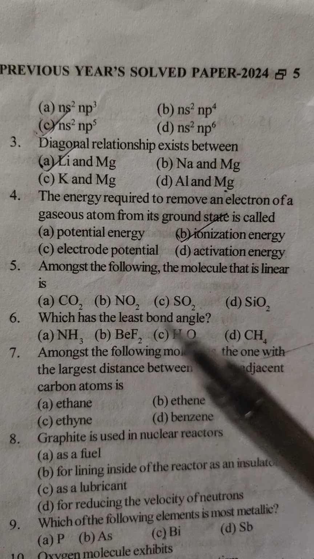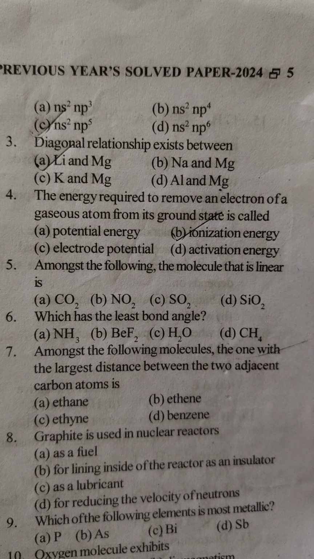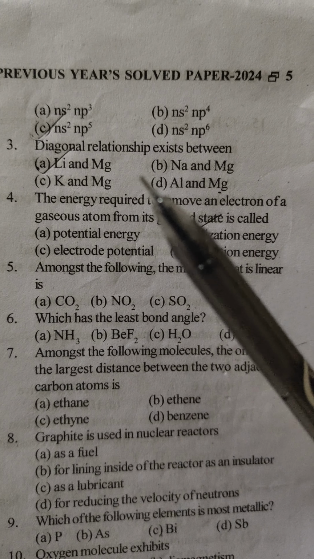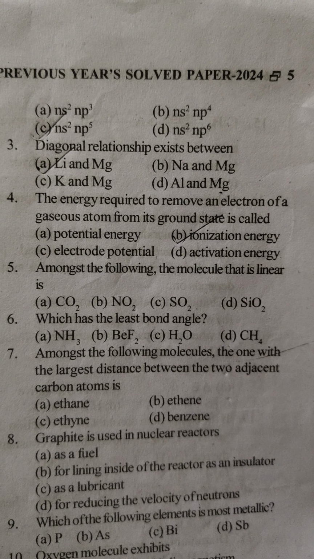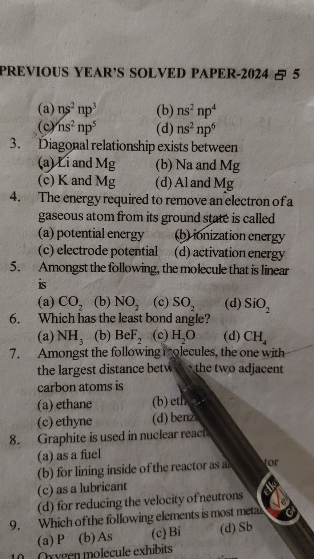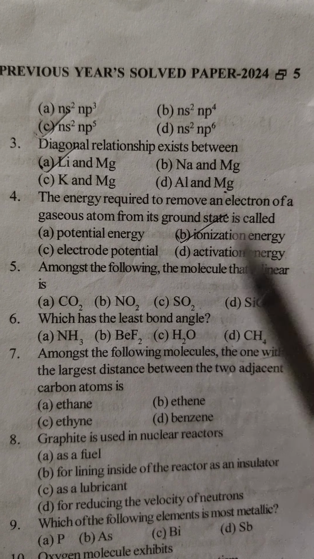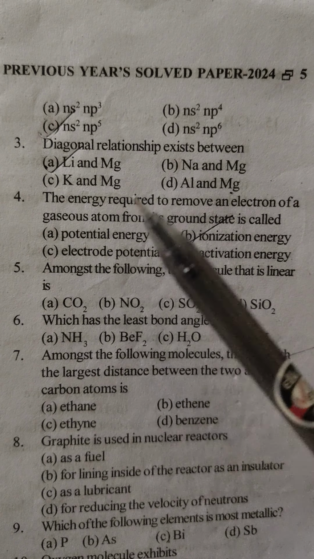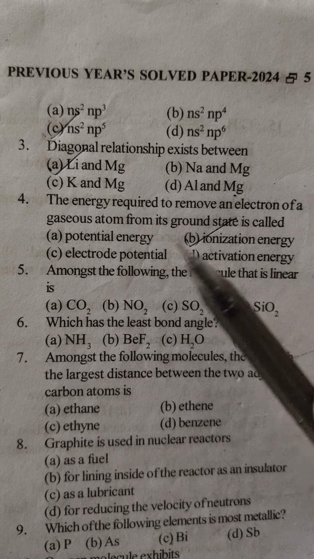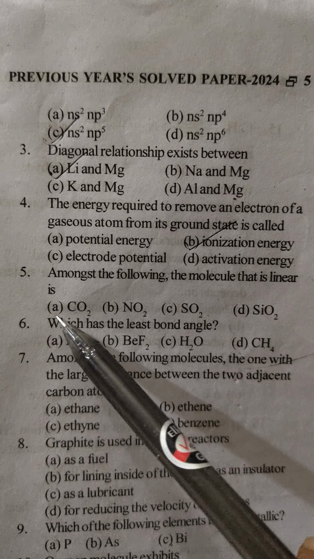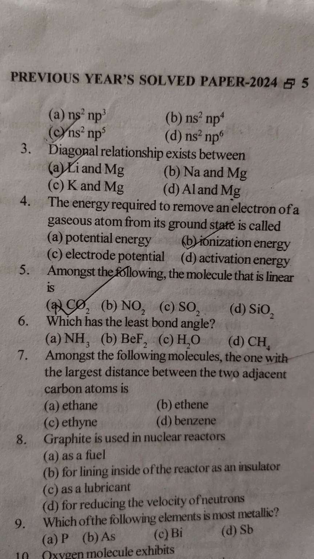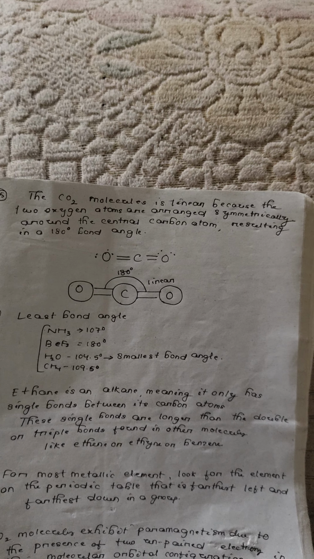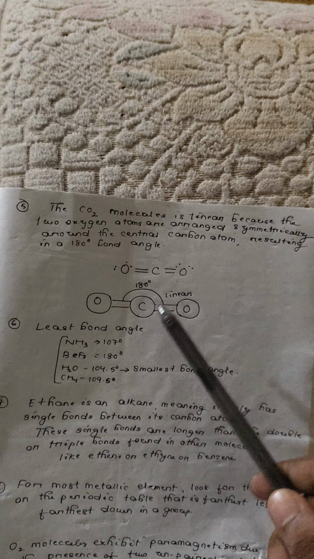Amongst the following, the molecule that is linear is carbon dioxide, nitrous oxide, sulfur dioxide or silicon dioxide. So what will be the answer? The answer is CO2. This is the linear molecule. Let's discuss how.